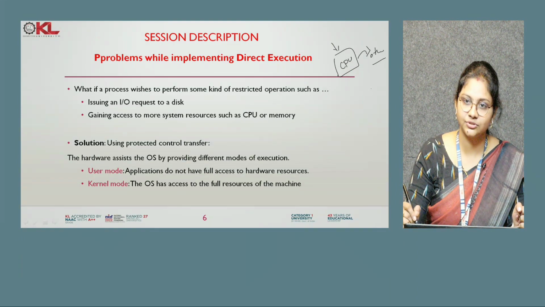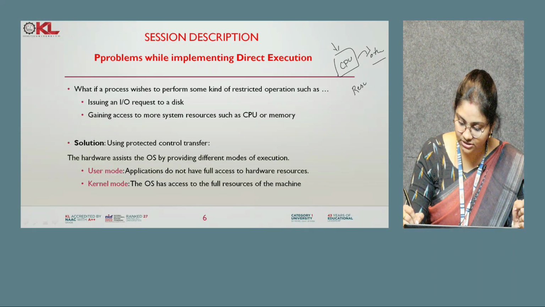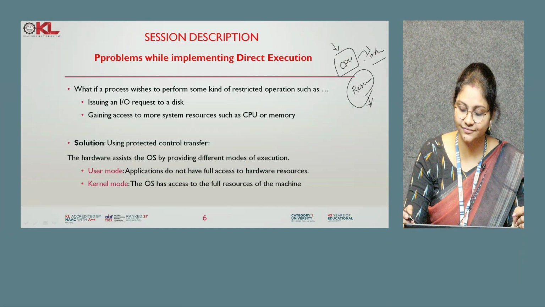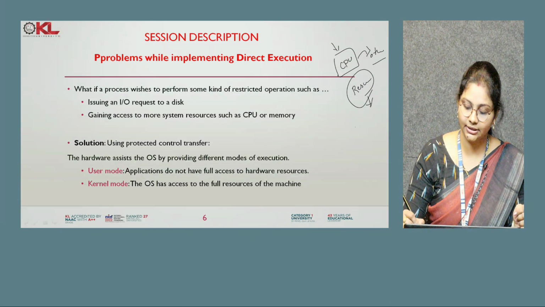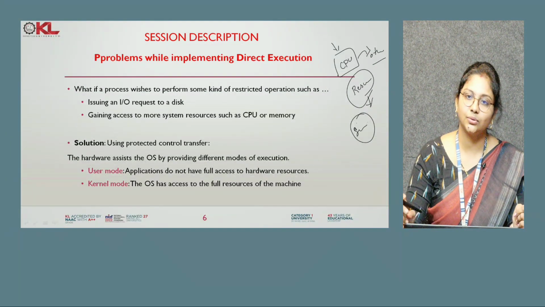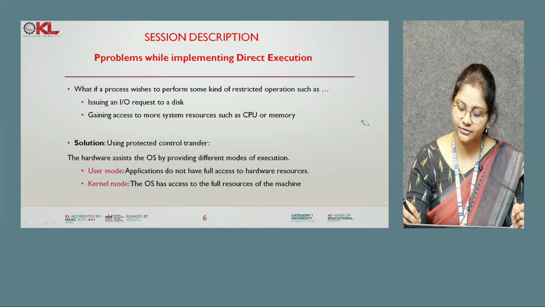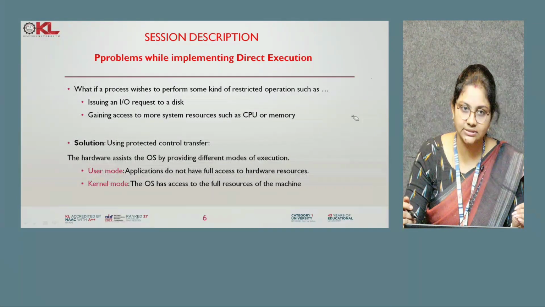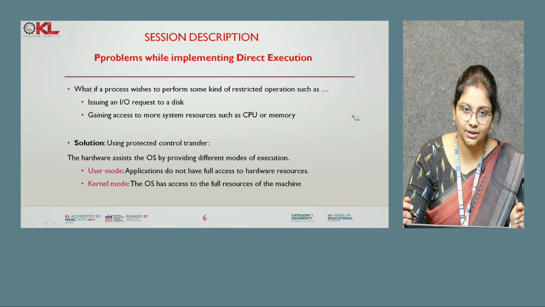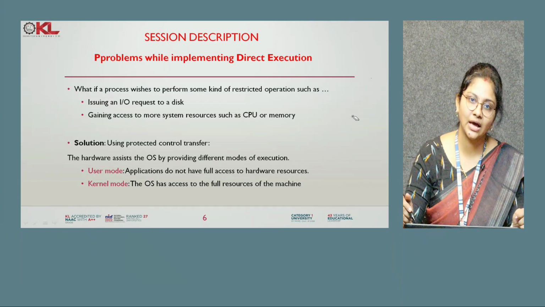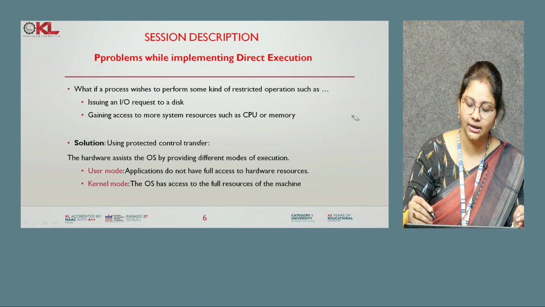Other process information means maybe other resources allocated to the other process, or any specialized or personalized information which is only allotted to the second process. That should not be accessed, right? So these ethical values should be followed by the process. If that is not followed by the process, then it is a problem while we are executing direct execution. Okay, so for that purpose we have two modes here, user mode and kernel mode.